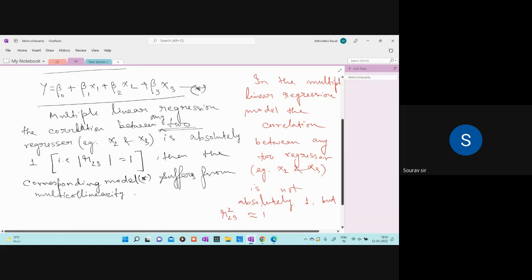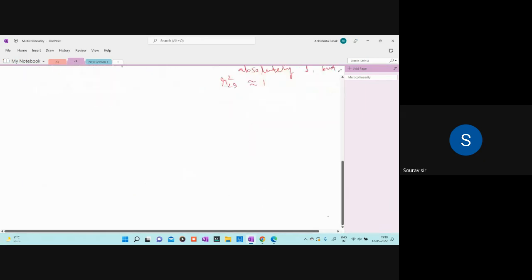So we are now going to discuss, and if we say multicollinearity, we actually mean exact multicollinearity. Under this exact multicollinearity, let me consider the model again. For the ith value, the model will be exactly like this.